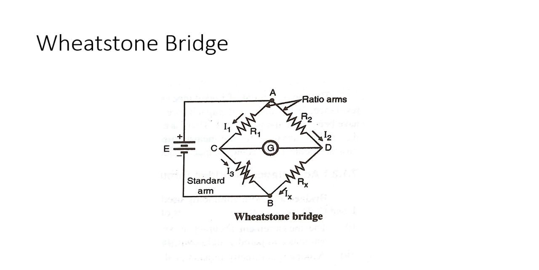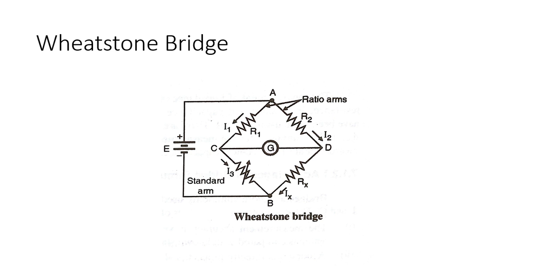Now the bridge is balanced when there is no current through the galvanometer. As earlier discussed, the bridge is said to be balanced when there is no current flowing through the galvanometer, or when the potential difference across the galvanometer is 0. The meaning of both is the same. So we can say that the potential at points C and D should be equipotential, or equal potential.